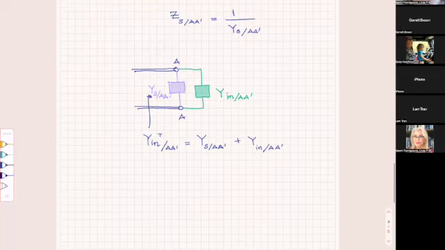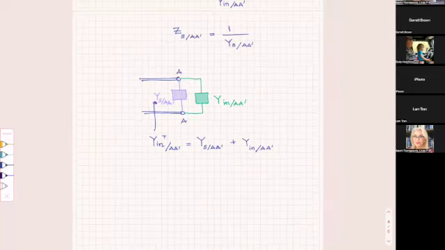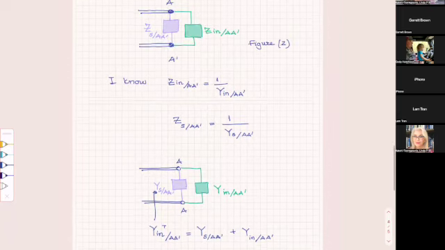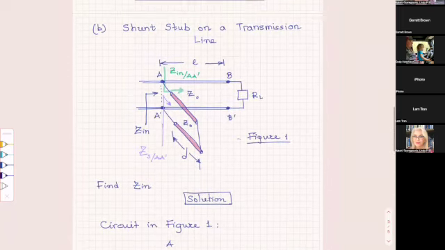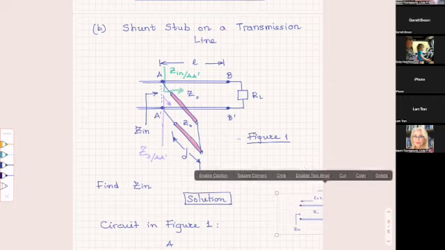All right, now having said that, we can go back here to find Z input at A prime, Z stub at A prime, and from there go to the admittances and so on.